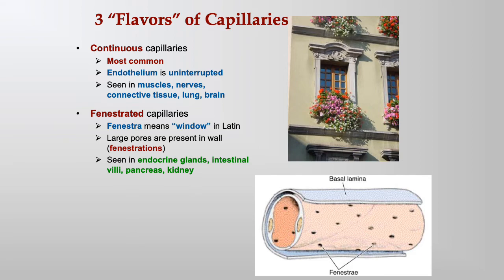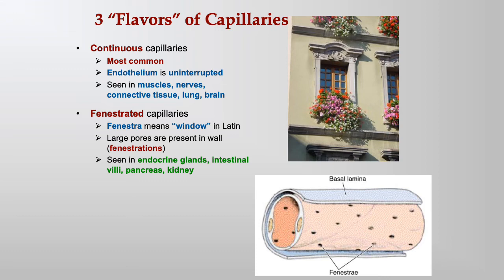Can you see why those places would have fenestrated capillaries? What's happening in endocrine glands? That's where hormones have to get into the blood, so you need a big opening. They have to get out of the blood and get into the blood. Intestinal villi, that's where you're absorbing nutrients, so big nutrients have to be able to get in.